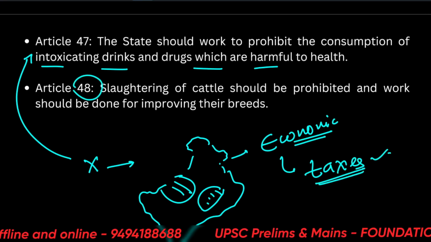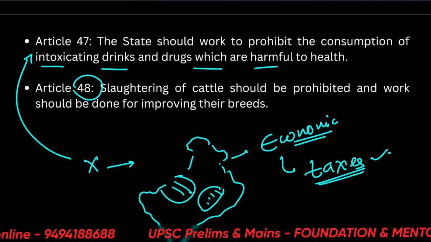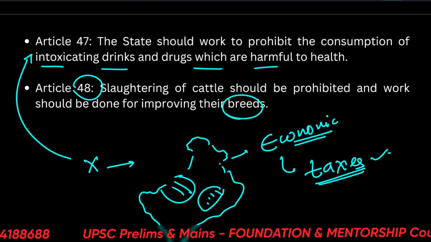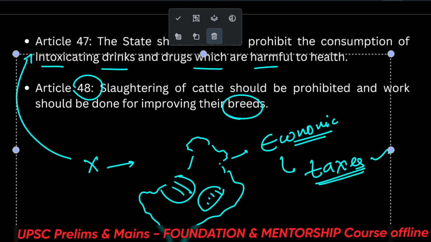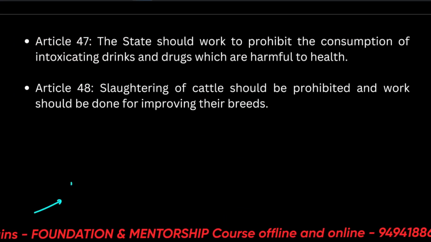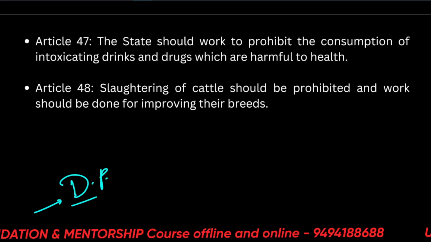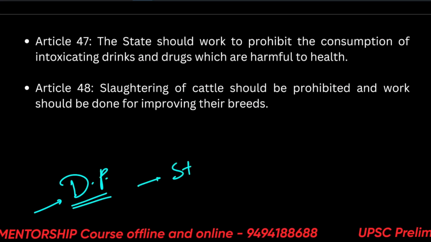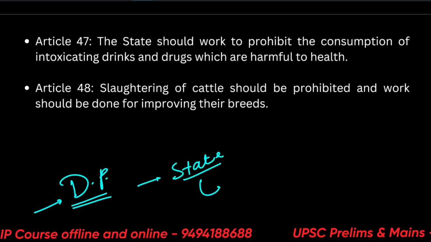Alright. Article 48, slaughtering of cattle should be prohibited and work should be done for improving their breeds. So this is also prohibited in some parts of the country, but not all, due to economic and political reasons. So these all are directive principles of state policy.